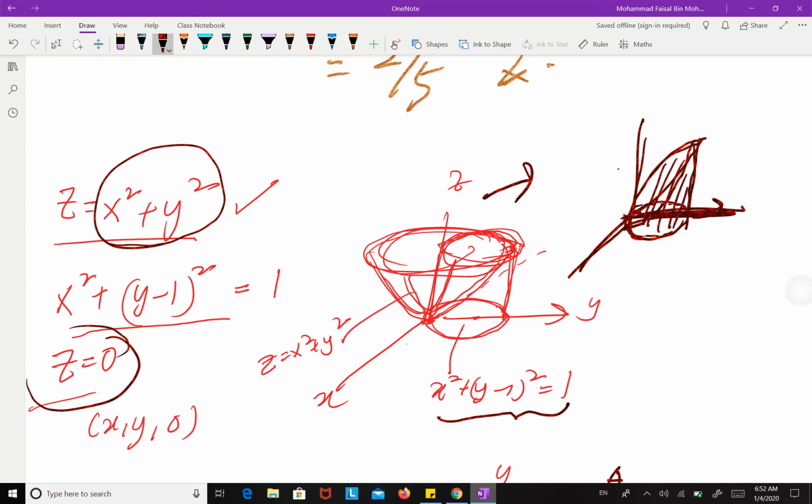So actually you are finding this volume, this part.